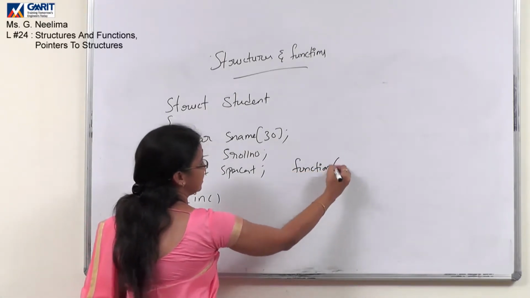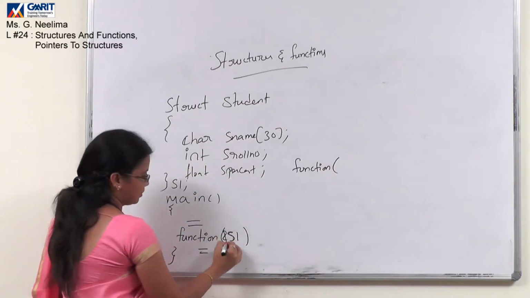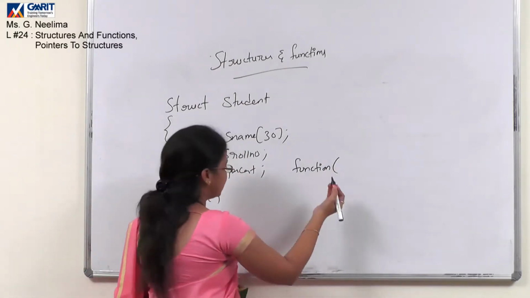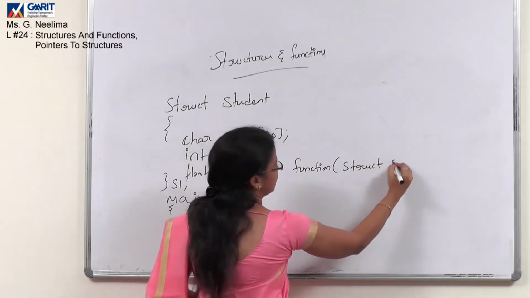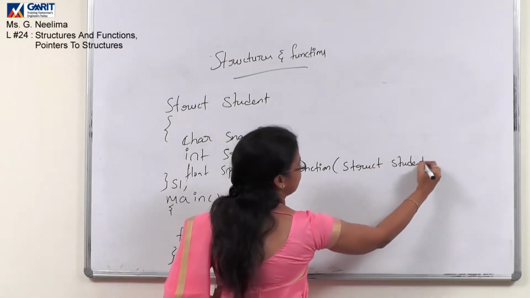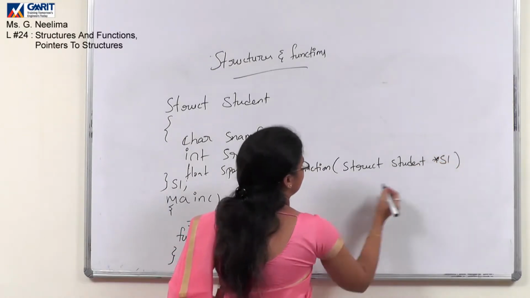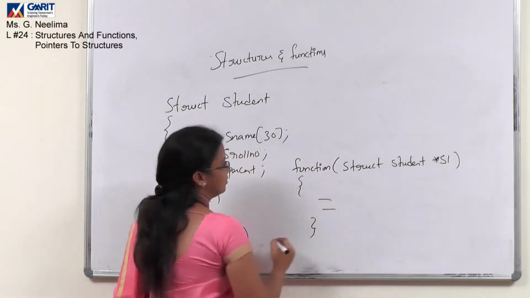This is a function. For example, like this we are passing this, and here struct student asterisk s1. Here we can perform different operations.